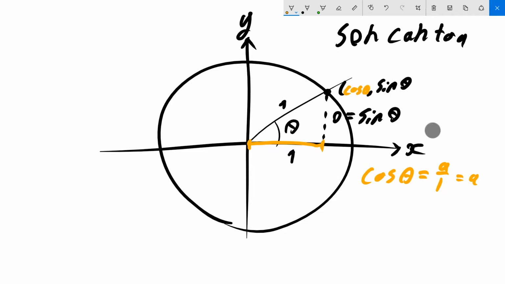So now that we have this special relationship, we can use it to see what happens if we change this angle theta and see if we can form some sort of relationship between cosine and sine and all these other values. So we have cosine and sine, but where's tangent in all this?